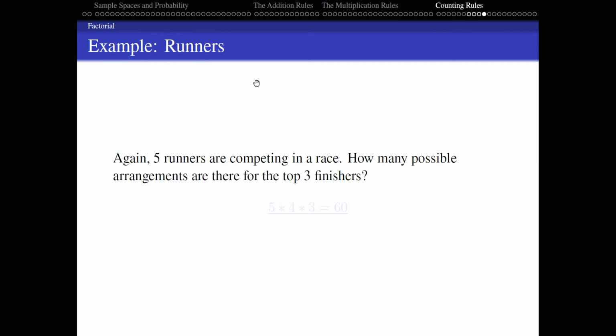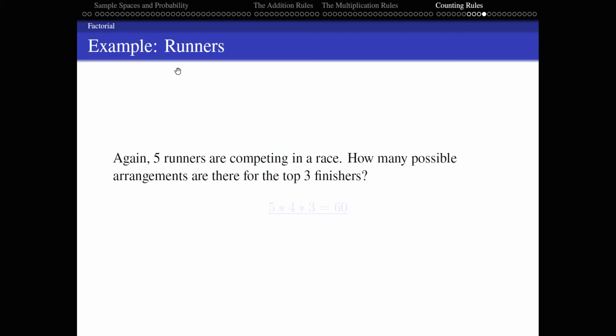Now consider if we had 5 runners, but we only care about the top 3 finishers, we could look at the different arrangements for the top 3 finishers. Now we still have those 5 spaces, but I only care about the first 3 spaces now instead of all 5.